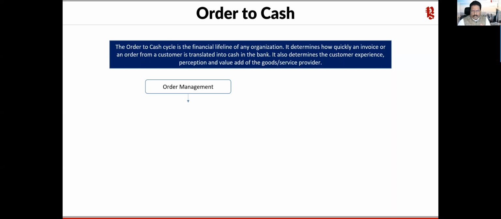How do you see this sales order management? Very simple. The moment I get a purchase order, I start capturing it as a sale order, right? That sale order is broadly an internal document. Sometimes the supplier also makes a sale order, and maybe he can mail it to the customer, where he is giving the detail, or it is his commitment.